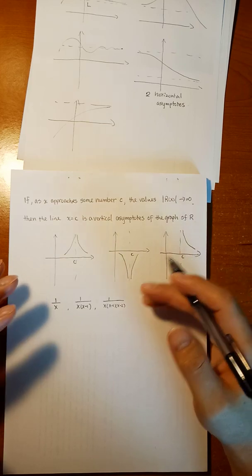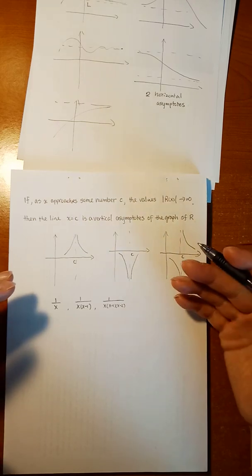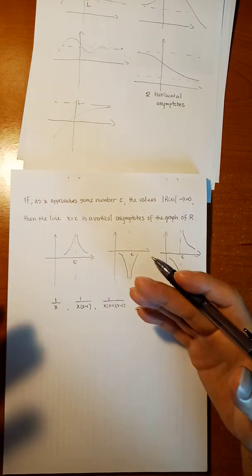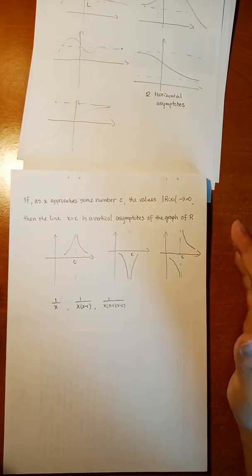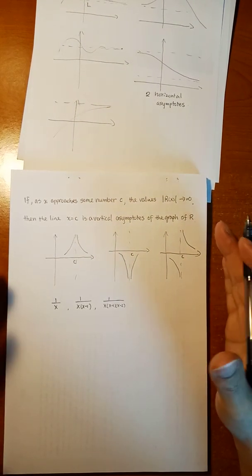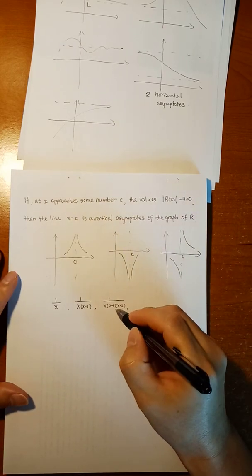Let's find a rational function with 1,000,000 vertical asymptotes, we can construct that. But for one fixed rational function, it has just that amount of vertical asymptotes.